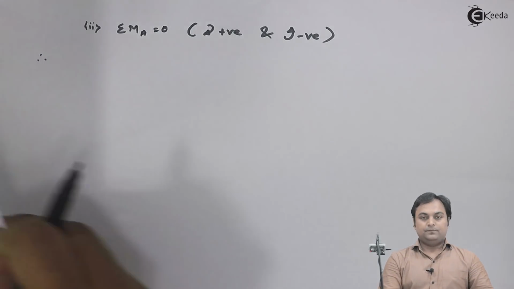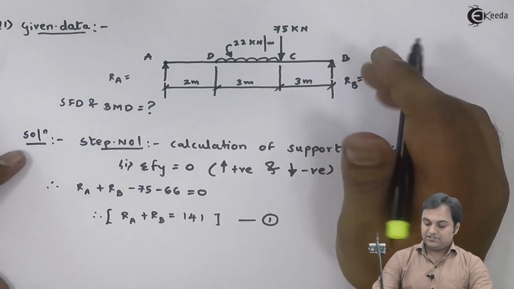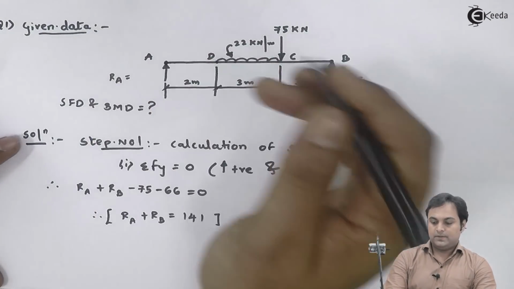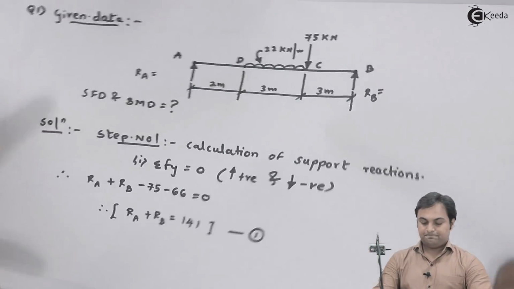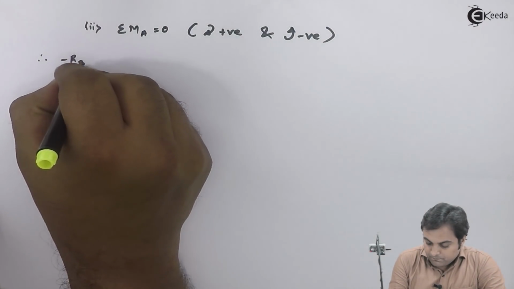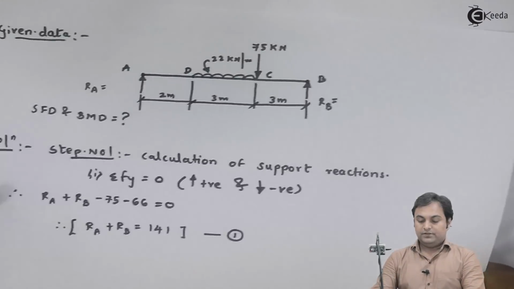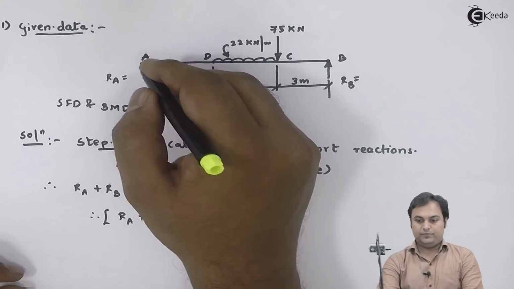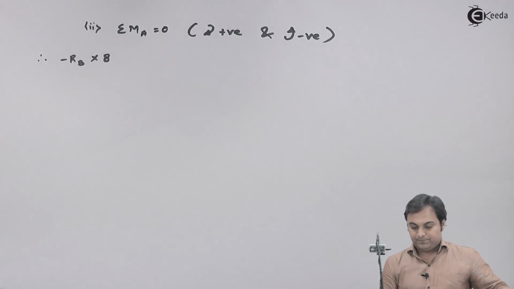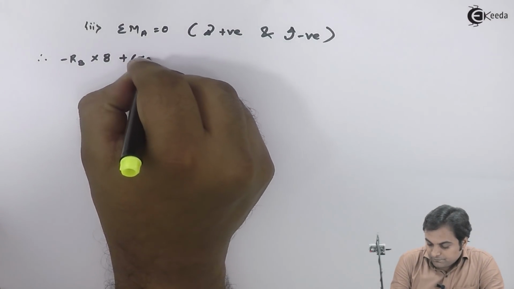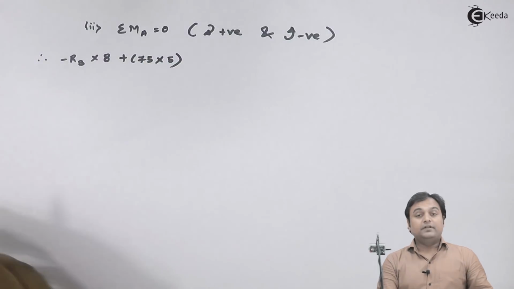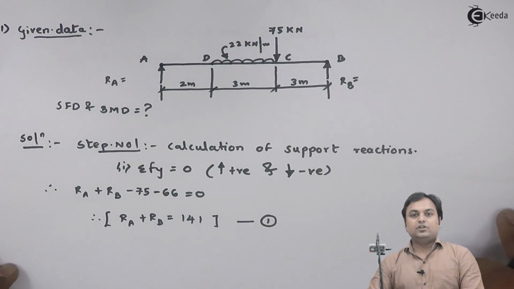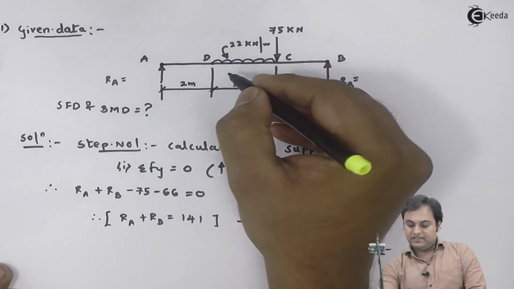Therefore here I have RB which is acting upward. If I take the moment at point A, it would be anti-clockwise, so minus RB into 8. Then 75 kilonewton is acting downward, so it would be producing clockwise moment, plus 75 into 5. Next, this 22 into 3, it was 66 kilonewton acting at half, that is at 1.5.